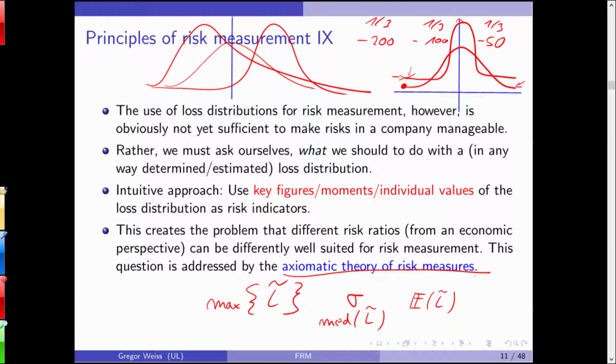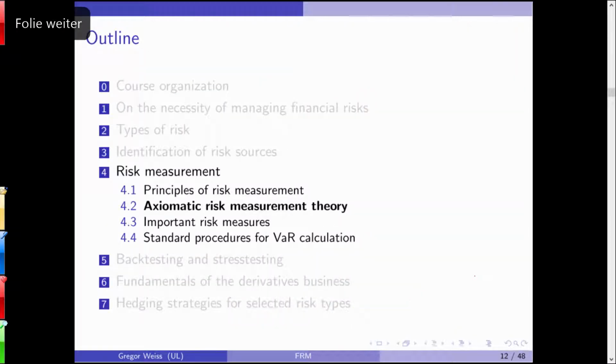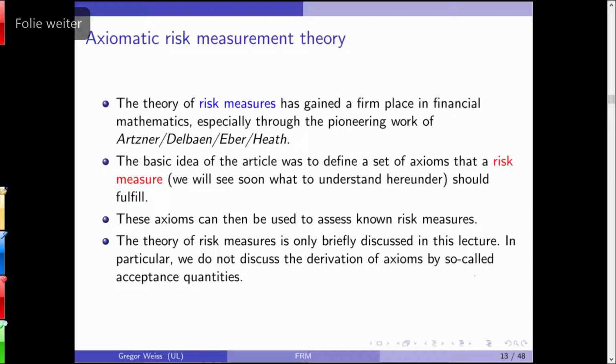And they came up with a very clever idea of putting risk measures into a mathematical perspective. They just viewed risk measures as certain functions, and they made up a set of axioms that risk measures should fulfill in order for measurement to be sensible in an economic way. And we'll see this in a bit in this discussion of axiomatic risk measurement.